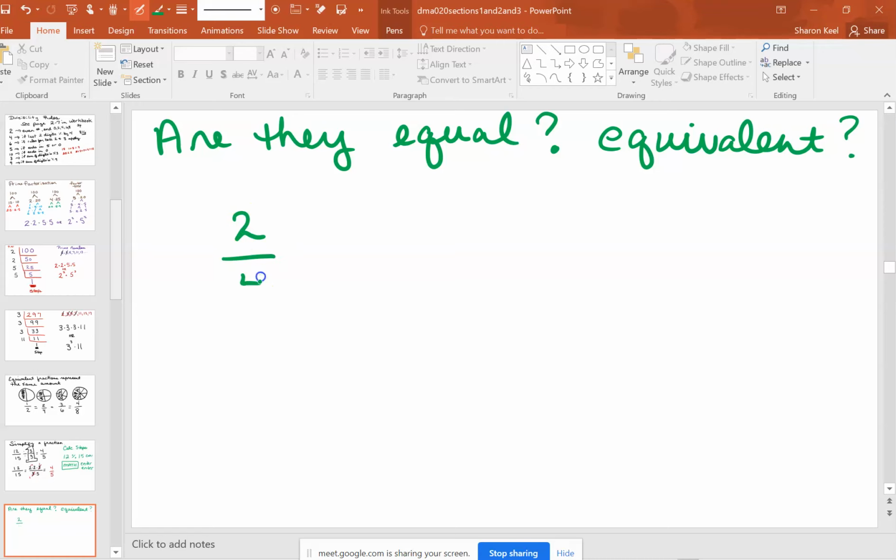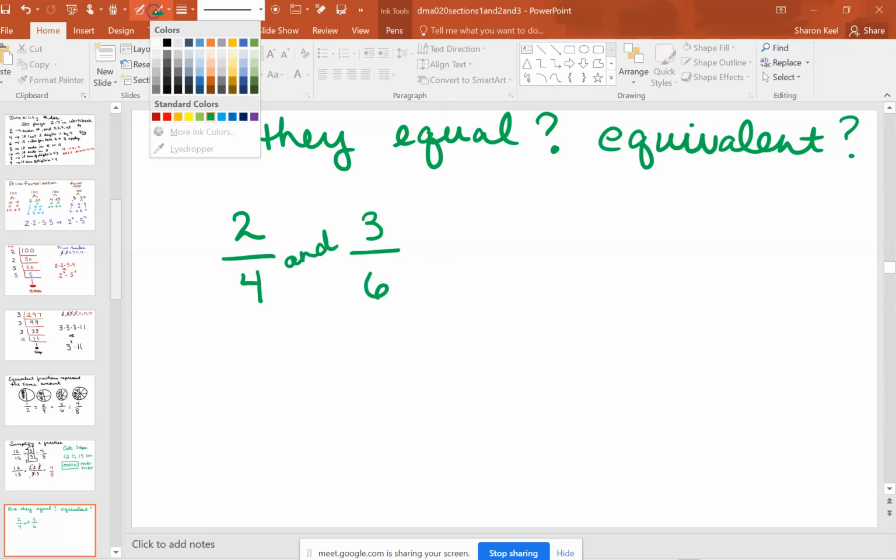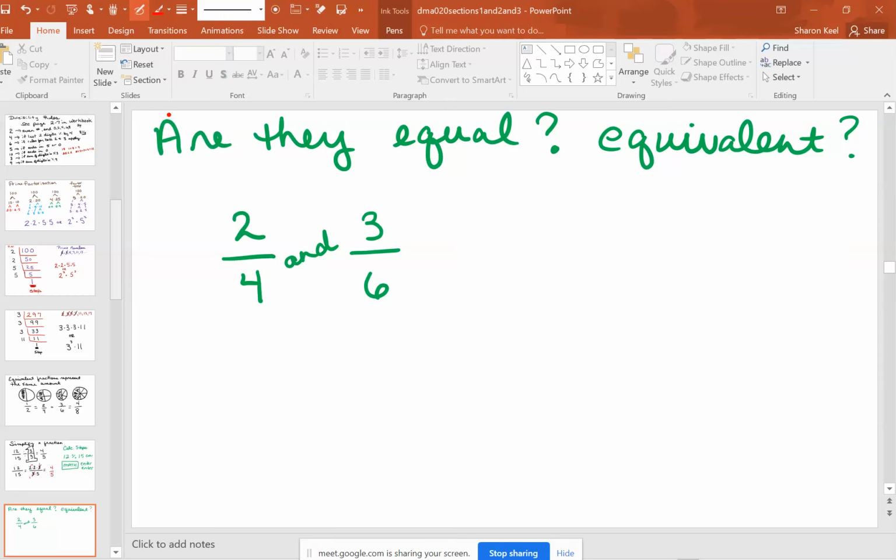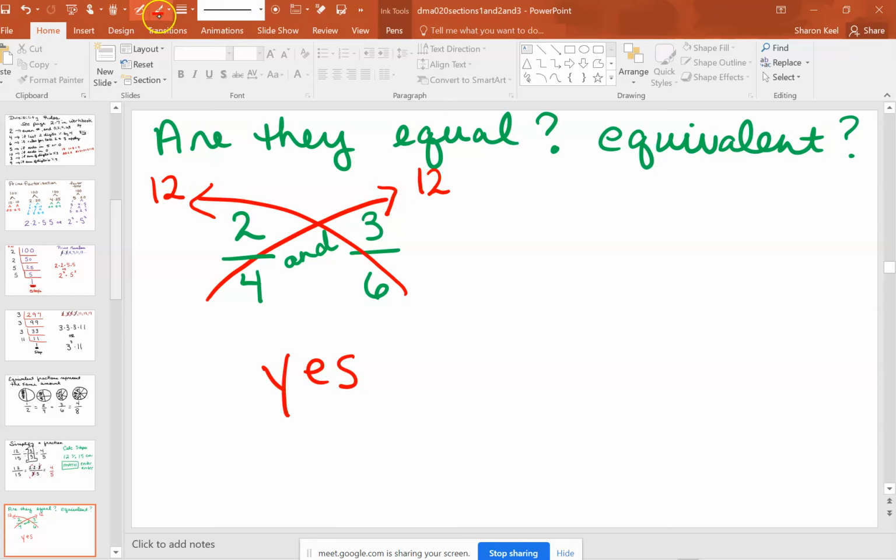Let me do 2/4 and 3/6. If I want to determine if they're equivalent, we're going to cross multiply. If I multiply 4 times 3, I get 12. When I multiply 6 times 2, I get 12. These two numbers are the same, so yes, those two are equivalent.